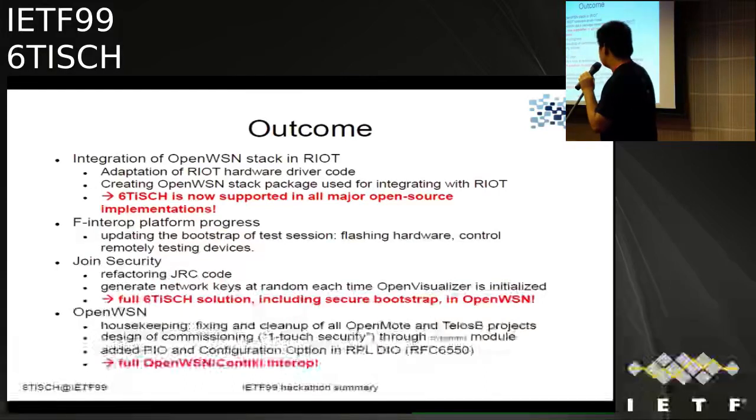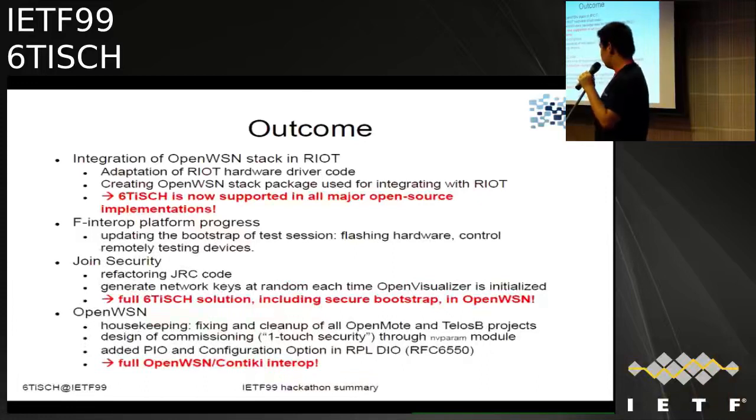And on the OpenWSN side, we also did housekeeping, fixing and cleaning up some of the project related to the OpenMote and the testbed platform. And also completed the design of a commission, which is the one-touch security through the neighbor parameter module.